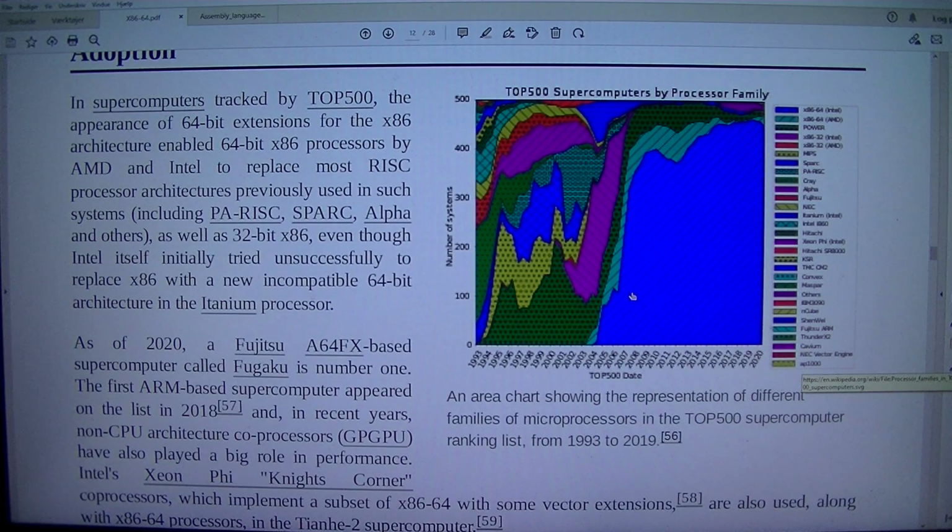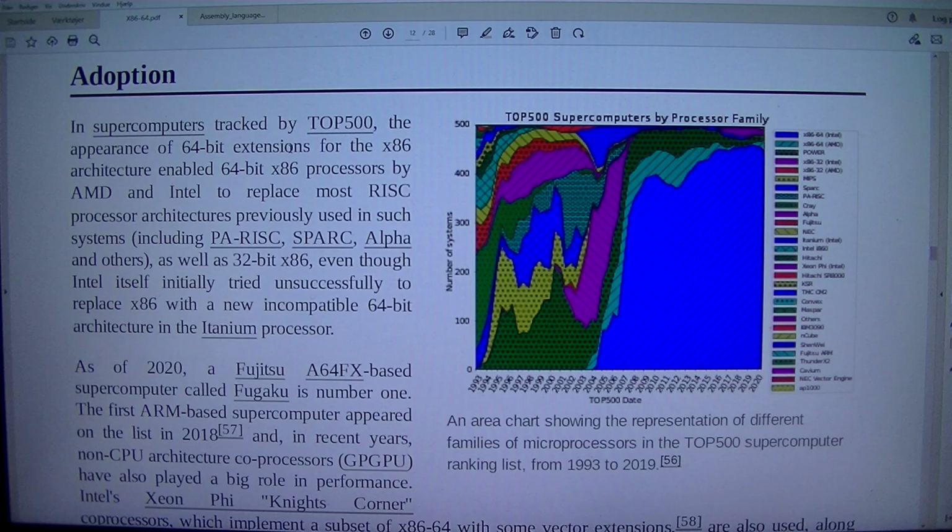In supercomputers tracked by Top500, the appearance of 64-bit extensions for the x86 architecture enabled 64-bit x86 processors by AMD and Intel to replace most RISC processor architectures previously used in such systems, including PowerPC, SPARC, Alpha and others, as well as 32-bit x86, even though Intel itself initially tried unsuccessfully to replace x86 with a new incompatible 64-bit architecture in the Itanium processor.